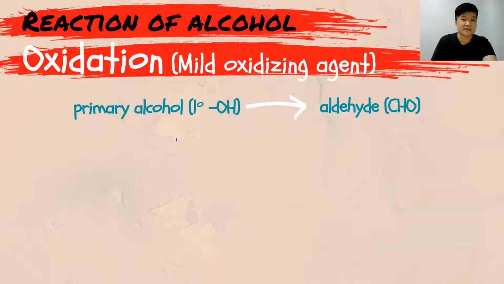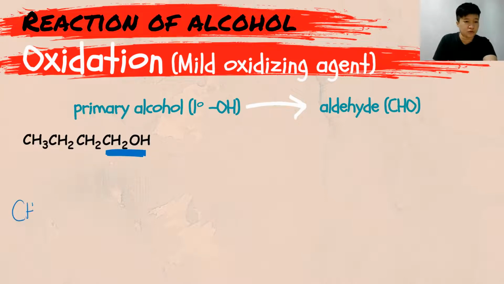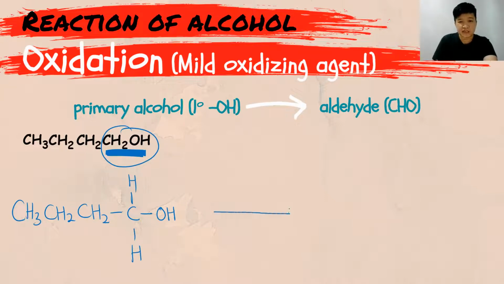Let's look at some example of primary alcohol using the same primary alcohol. You don't expand everything. You only expand the carbon that's holding the OH. So this is my carbon that's holding the OH. And when we undergo PCC in inert solvent, we only focus on the carbon that's holding the OH and also the hydrogen.